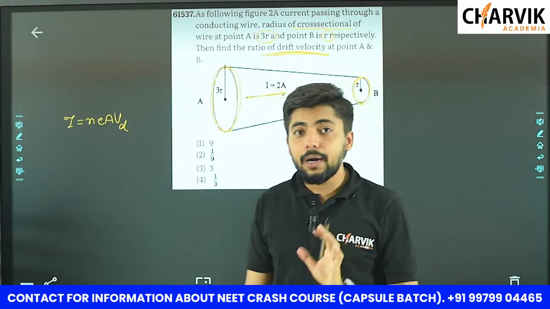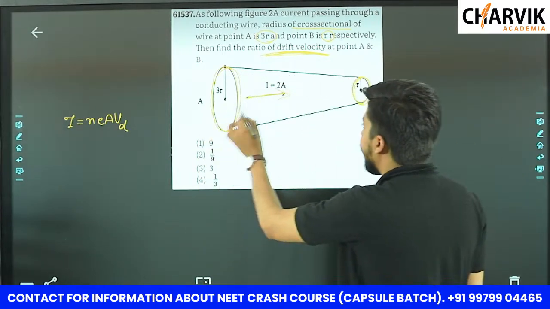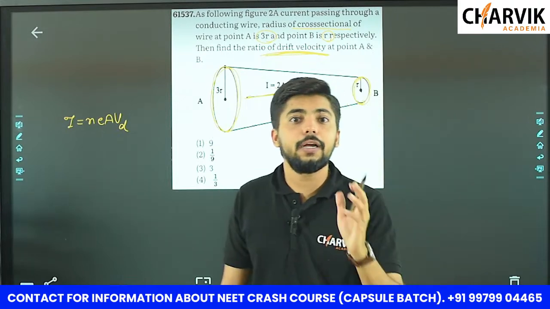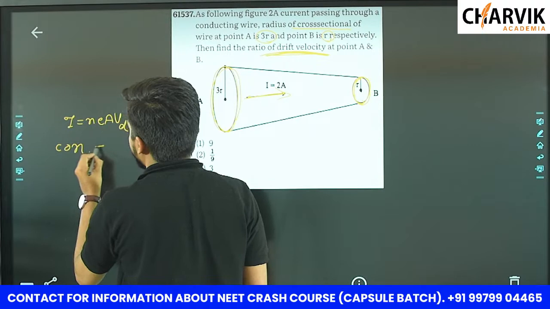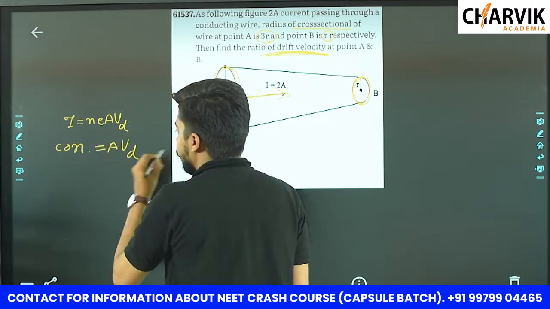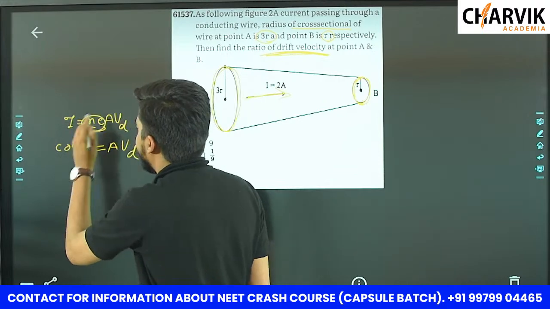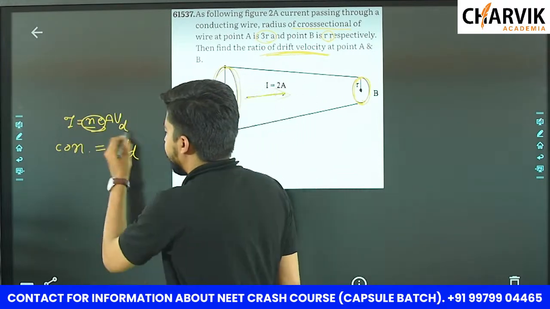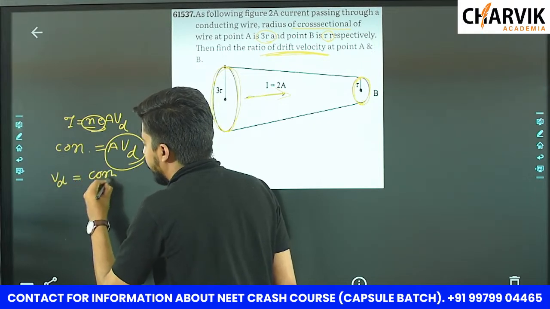And if the same current is passing through both the cross sectional areas, we can say even if the area is changing, current is remaining constant. So if this current is constant, we can say constant is equal to A into Vd. Why have I written only A and Vd? Because n and e are already constant. So by this equation, we can say Vd will be equal to constant divided by area.